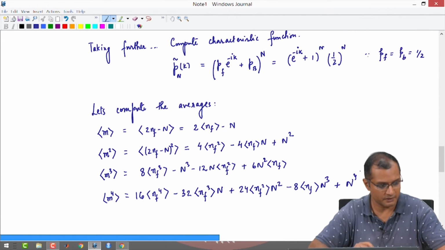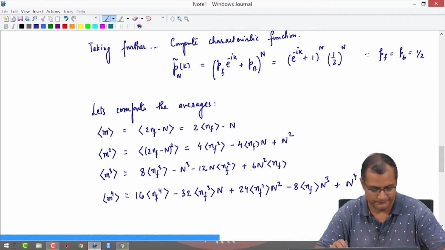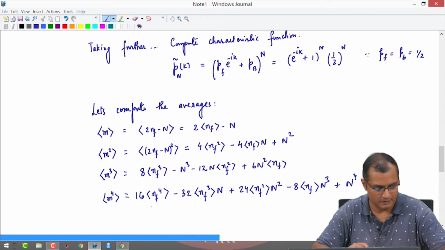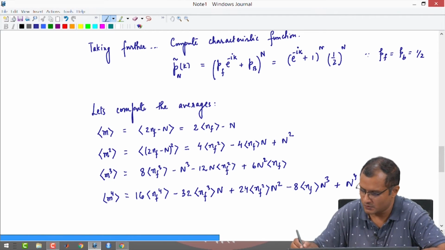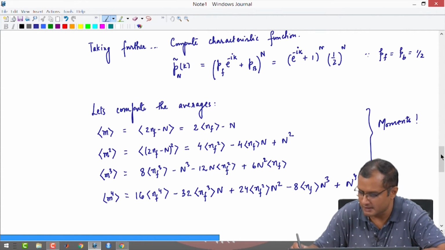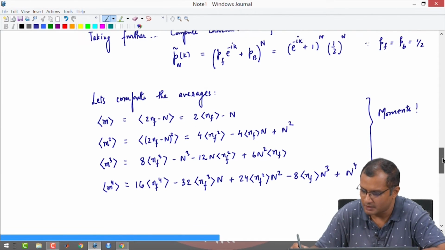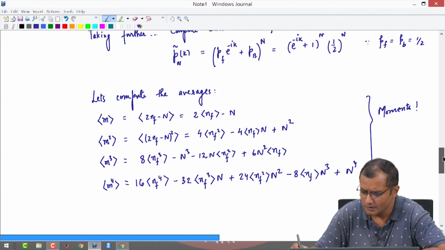Let me just quickly check if everything is right, and then we will proceed forward. Yes. So, this is all correct. Okay. So, these are the expressions for moments. All the moments are here, and we can compute all these moments very simply.